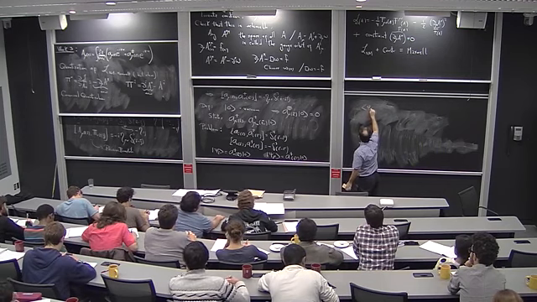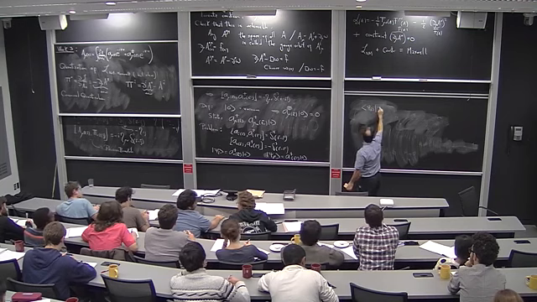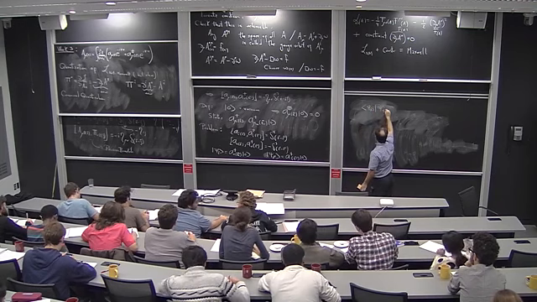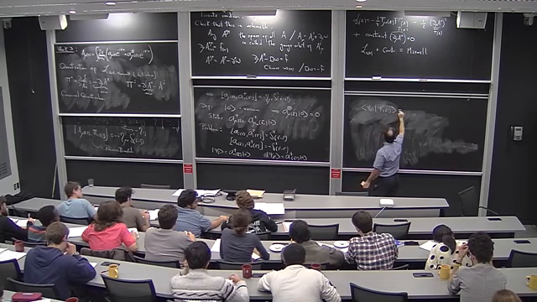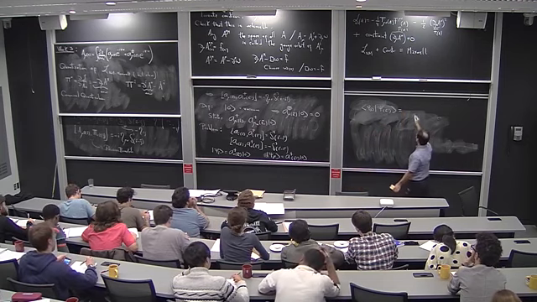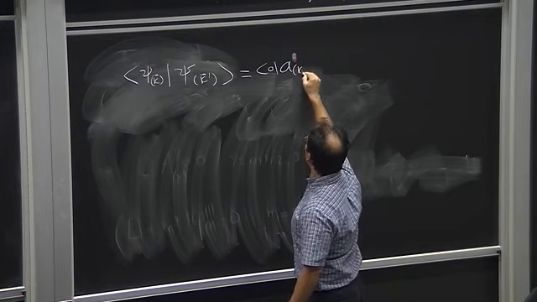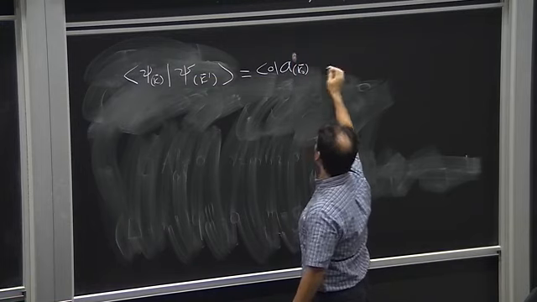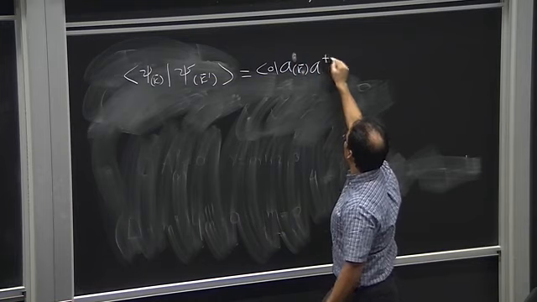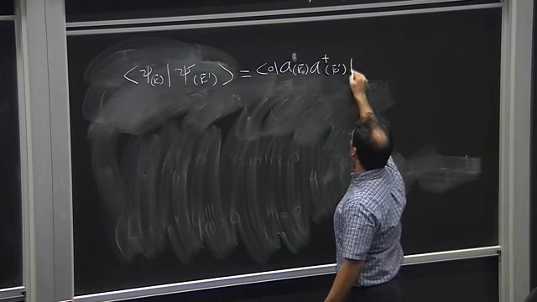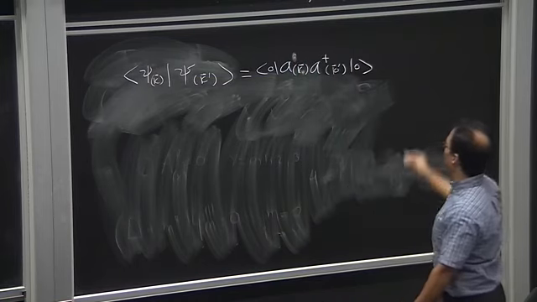Now, if you compute the norm, what did you get? Well, you get 0. This one is K, and we have dagger K prime, 0, I believe.